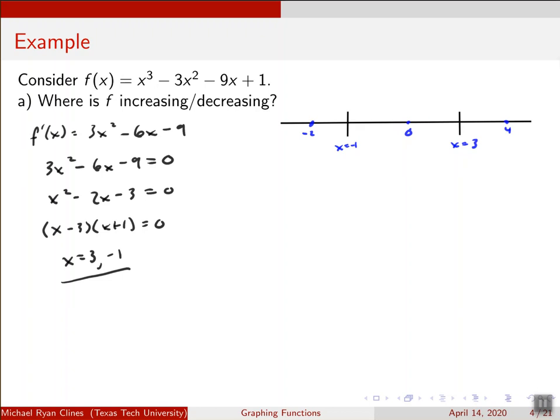But the thing is, this function is continuous. And so by the intermediate value theorem, it cannot go from negative to positive without becoming 0 first. So that's why we found these values first. We figured out where it's equal to 0. So if we pull out a representative from this interval, whatever the sign of the derivative is at this point, that's the sign of the derivative on the entire interval.